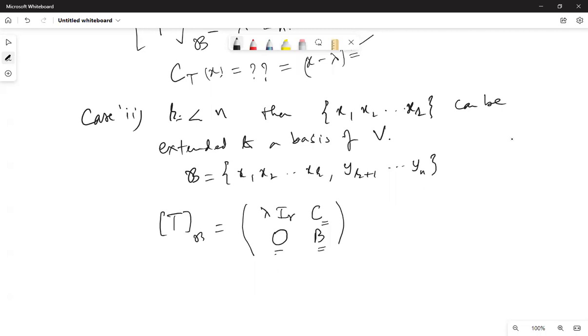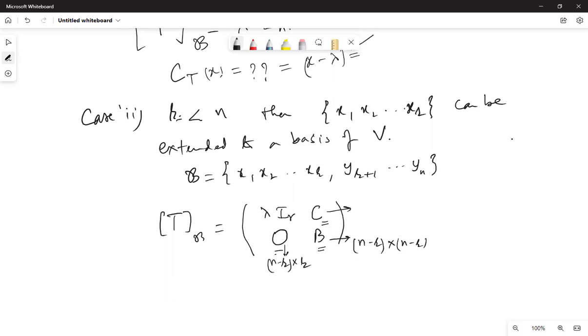There would be n minus r rows, and how many columns? r columns. So this is n minus r by r. This is n minus r by n minus r. And this is also accordingly, you can check that.